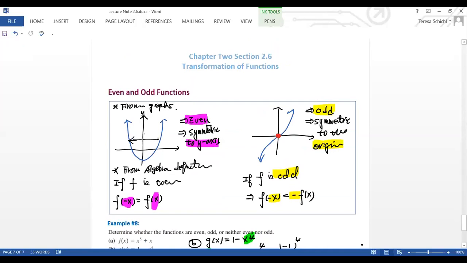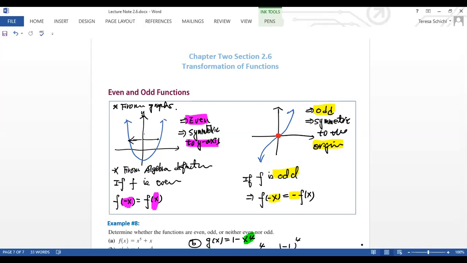If the problem gives you a graph, then you will see that the graph is symmetric to the y-axis for an even function. When we talk about symmetry, that means kind of like a mirror, so when you fold it, it will be the same or not. The other kind of function is symmetric to the origin.